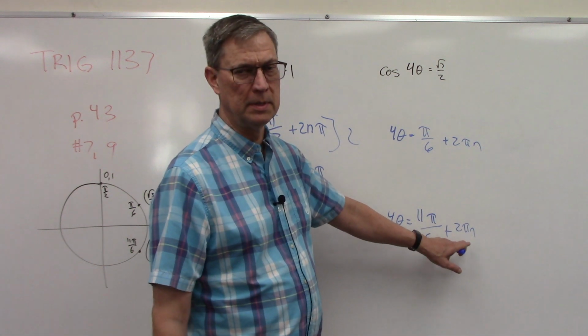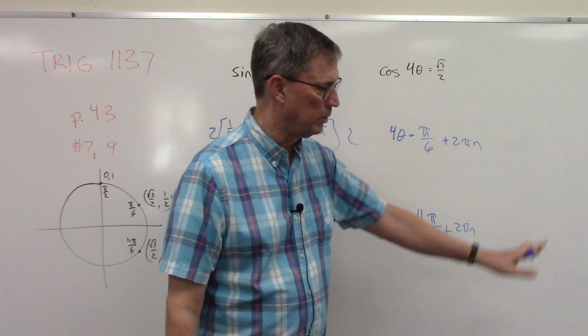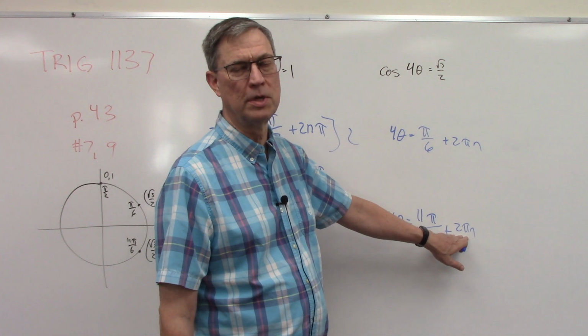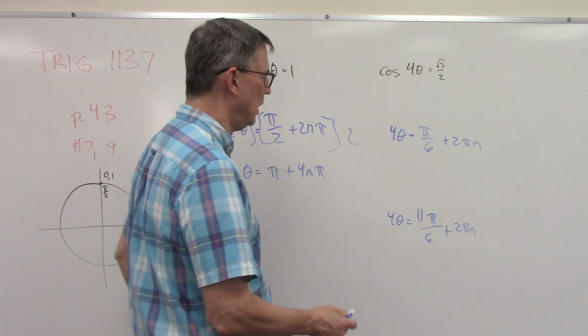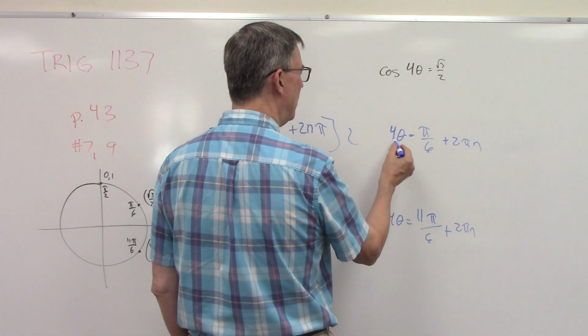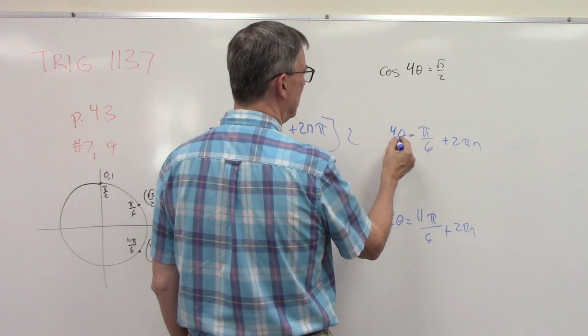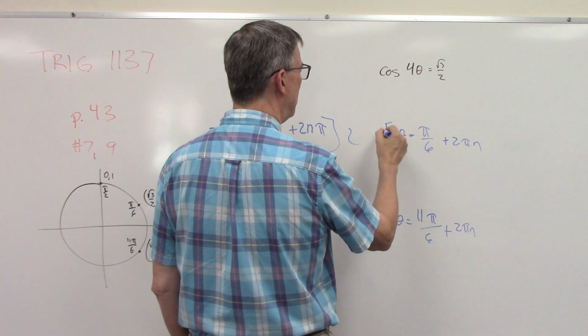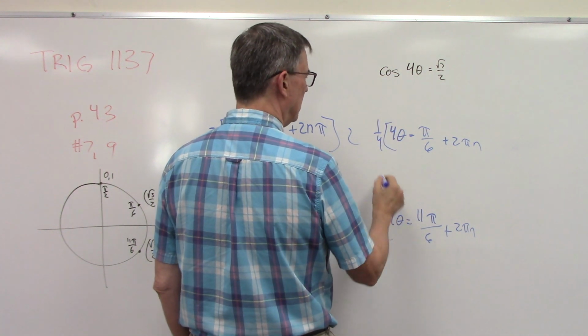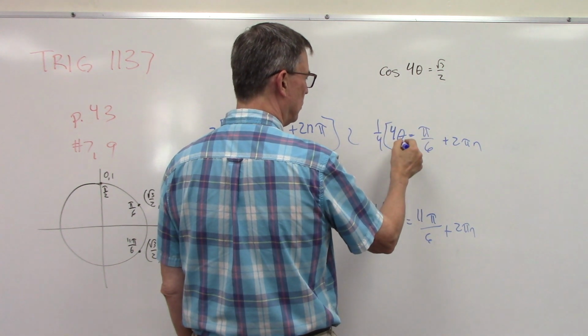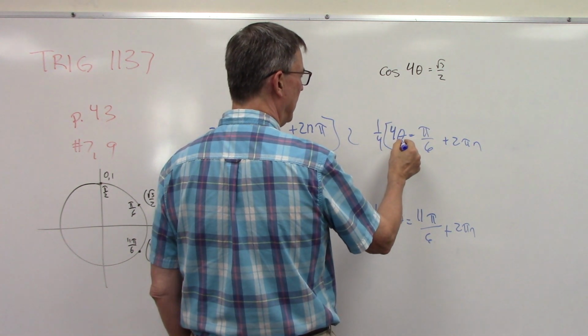So this means that the period just continues, it cycles through every 360 degrees, which is 2 pi, right? All right, so to get rid of the 4, I'm going to multiply through by 1/4. Okay, and so when I do that, of course, that gives me theta.